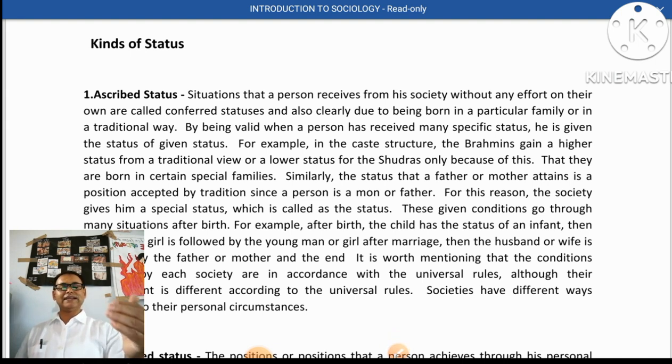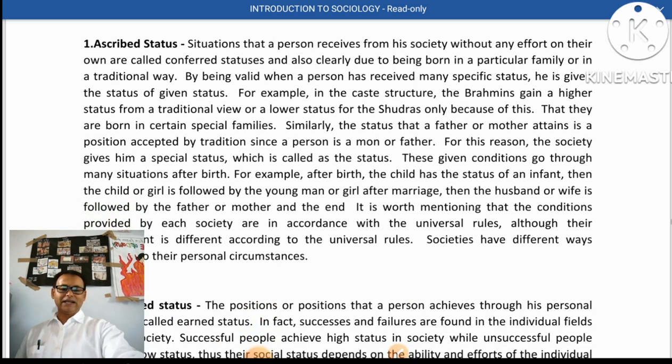For example, in the caste structure, the Brahmin gains a higher status from a traditional view and Sudras a lower status only because they are born in certain families.